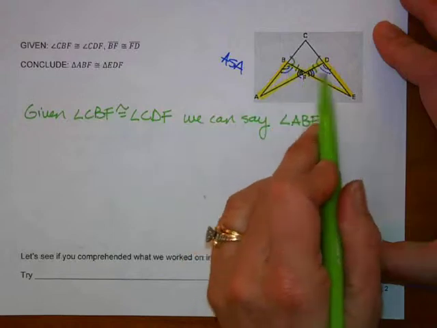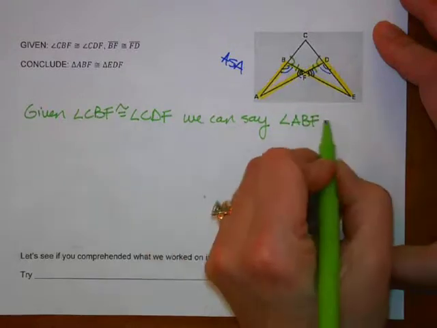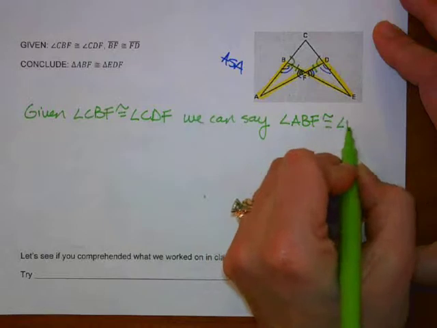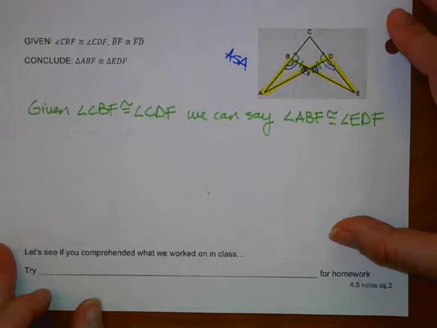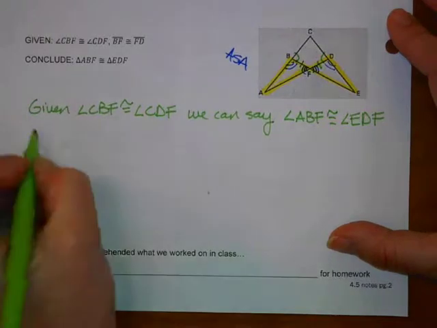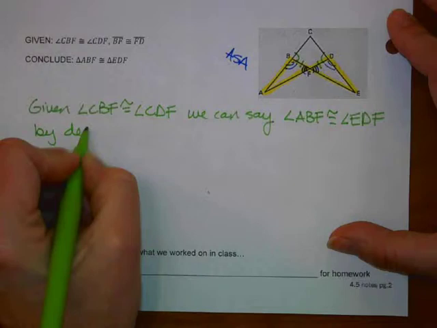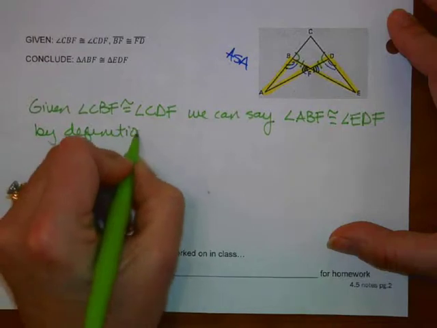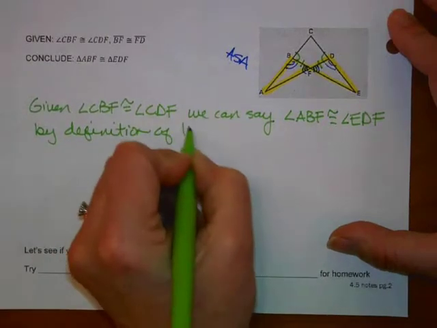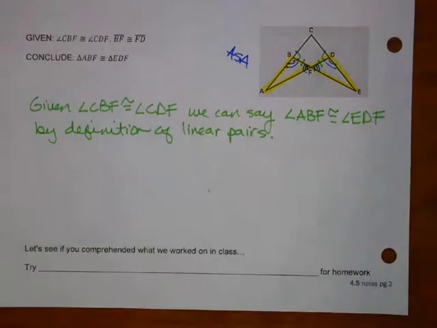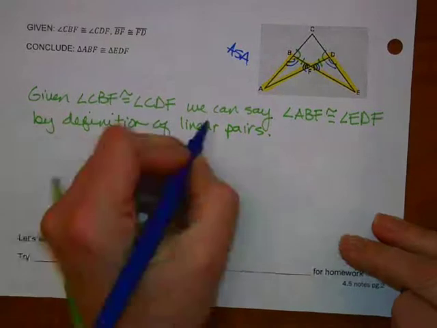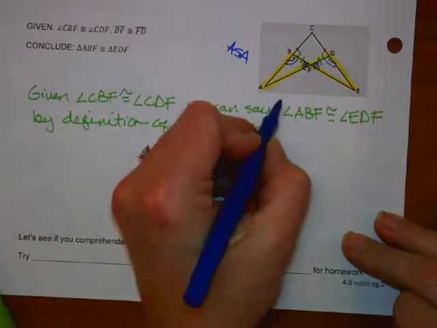I'm going to prove this angle is congruent to that angle right now. Is congruent to angle EDF by definition of linear pairs. Okay, so that proves the angle part. That's one of my angles right there. So I'm going to put angle right here.